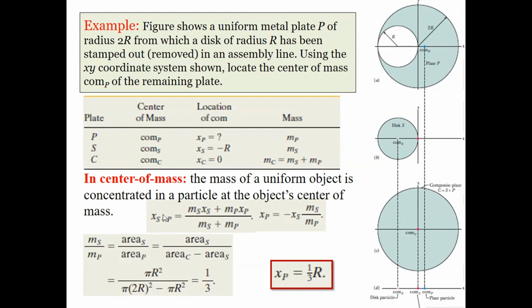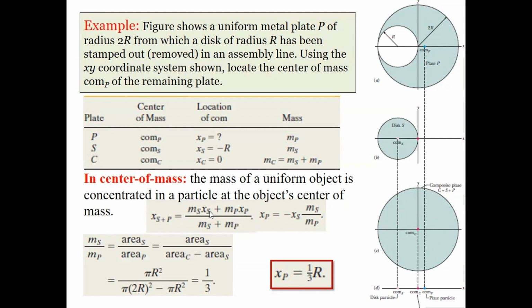So now coming back to the center of mass problem, the mass of a uniform object is concentrated in a particle at the object's center of mass. So the x coordinate for S plus P is given as weighted for the stamped disk and for the plate.